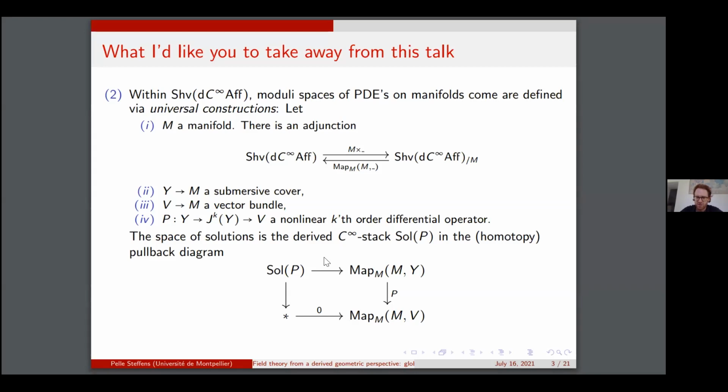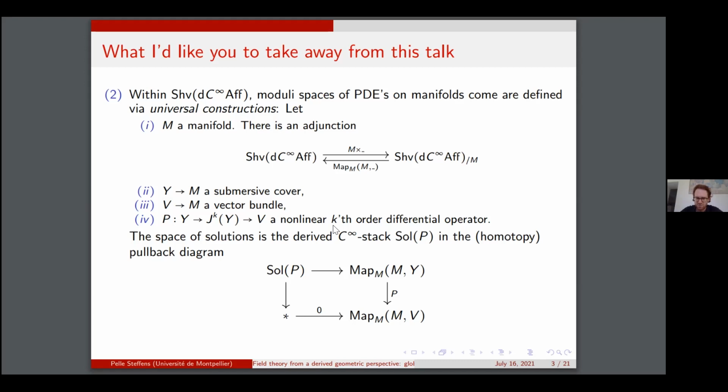It's not just a particular feature of this setup. If you're working with finitely presented objects in derived algebraic geometry or derived C-infinity geometry, you can prove it; it's essentially just the inverse function theorem, and you play around with Nakayama's lemma a little bit.